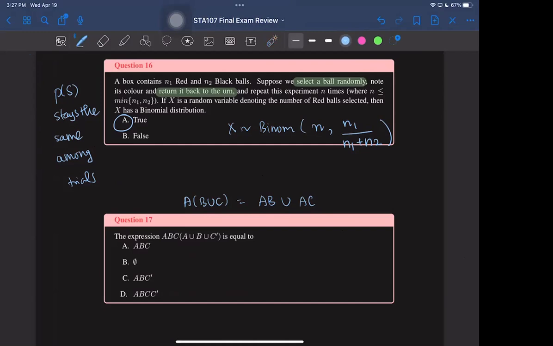Okay, let's see the result. Most of you chose A, and that is correct.